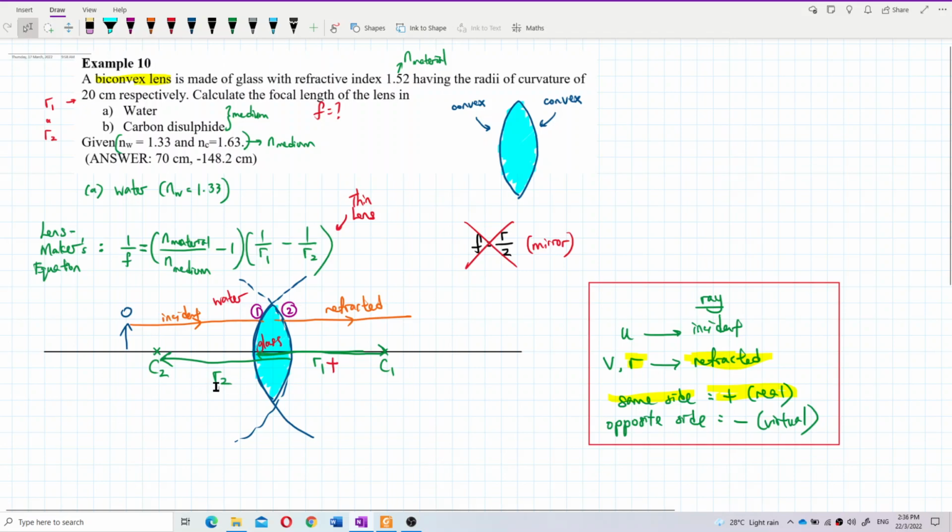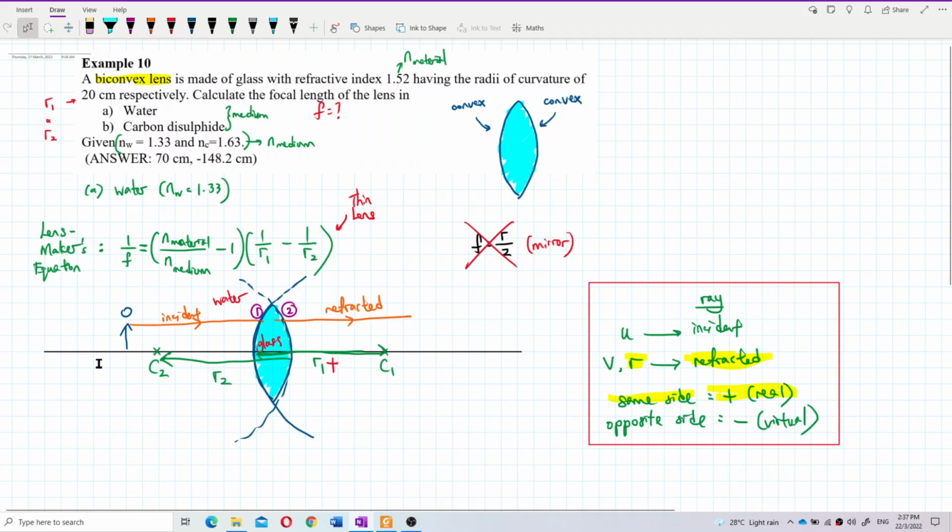So this radius is on the opposite side of the refracted ray, not the same side. The refracted ray is on the right-hand side, but radius 2 is facing the left-hand side.